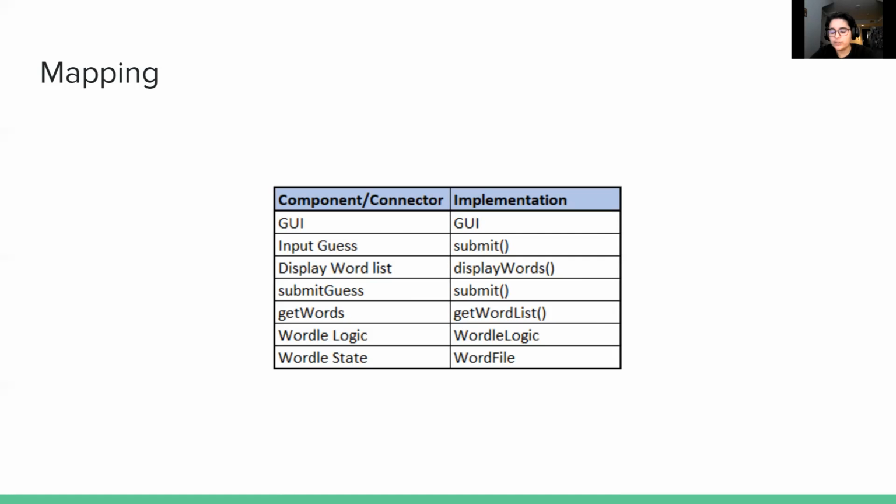Wordle logic is obviously the Wordle logic component, and the Wordle state is maintained from within the word file object. That maintains what letters have been used and a different object for your valid word list.